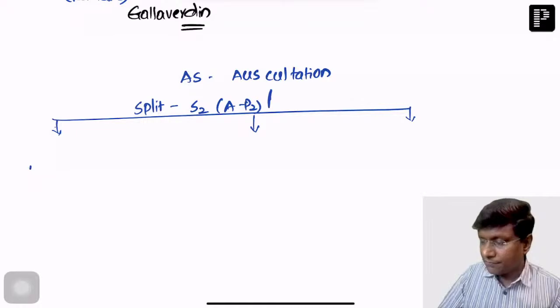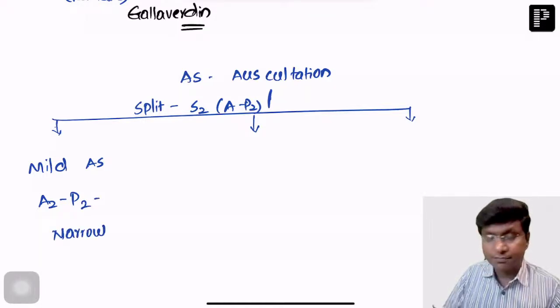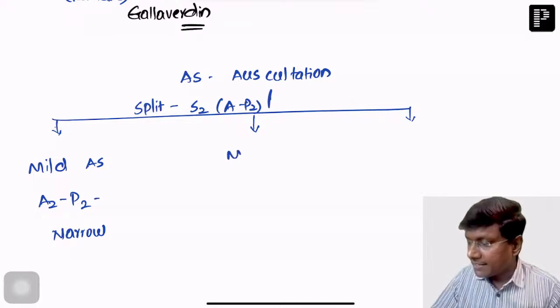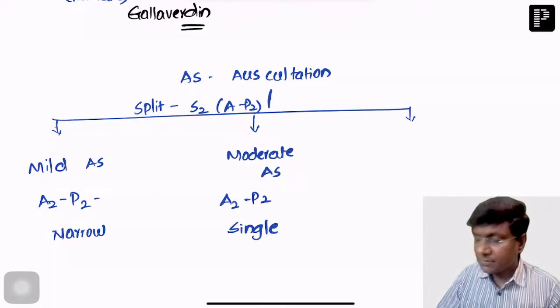So in case of mild AS, the A2, P2 split will be narrow. You'll have a narrow split of A2 and P2. Whereas in moderate AS, A2, P2 will be single, right?